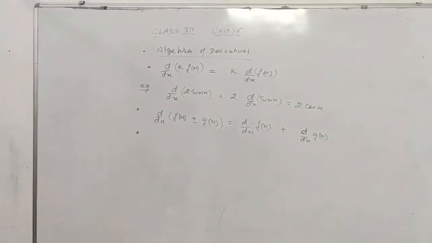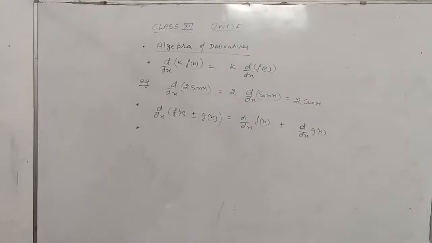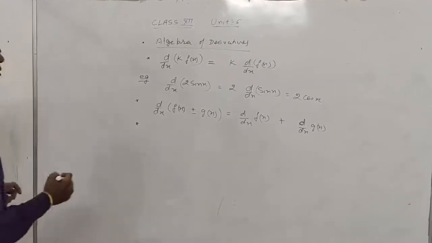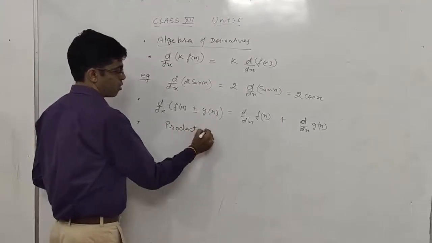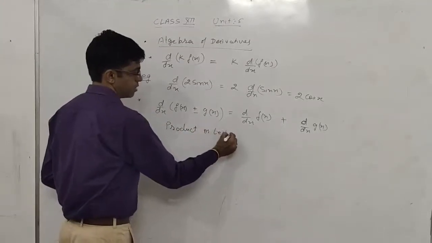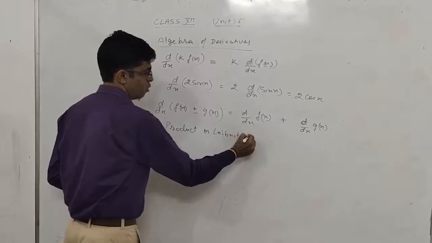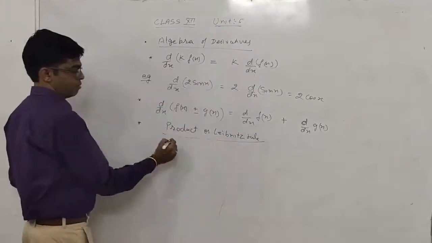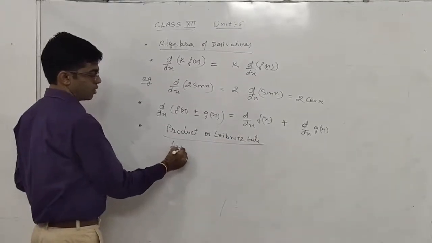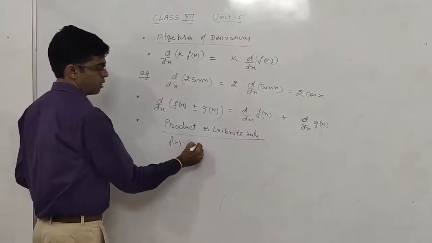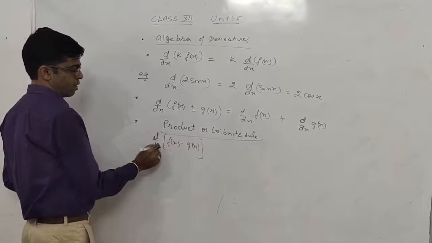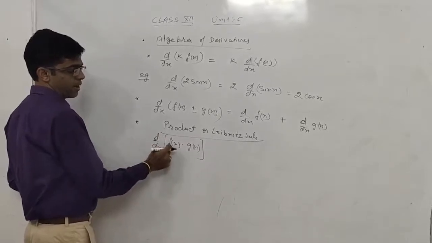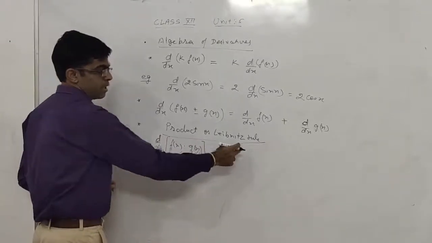And the next category is the simple product rule, or you can say product or Leibniz rule. So if there are two functions given in the product and we want to differentiate them, we cannot write that d by dx of f x multiplied by d by dx of g x.